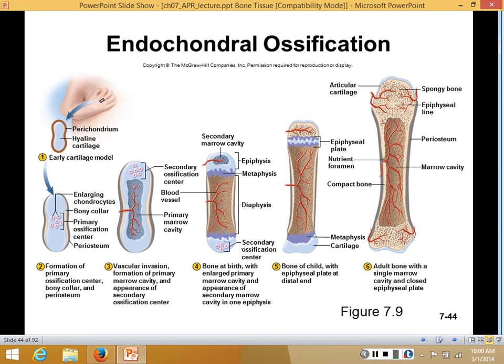So, why do you think cartilage is just left behind at the ends? We're going somewhere with this, people. Why do you think? Why do you think there's cartilage still here?